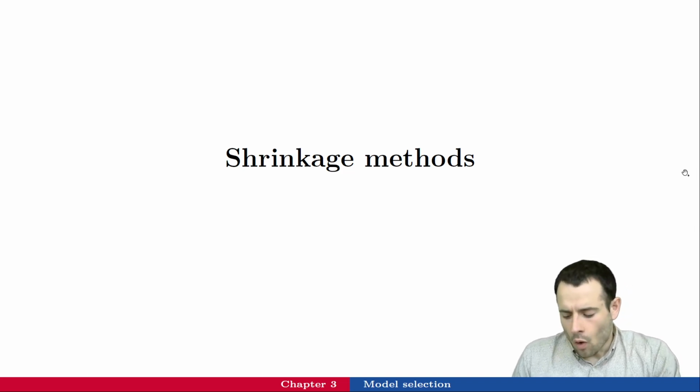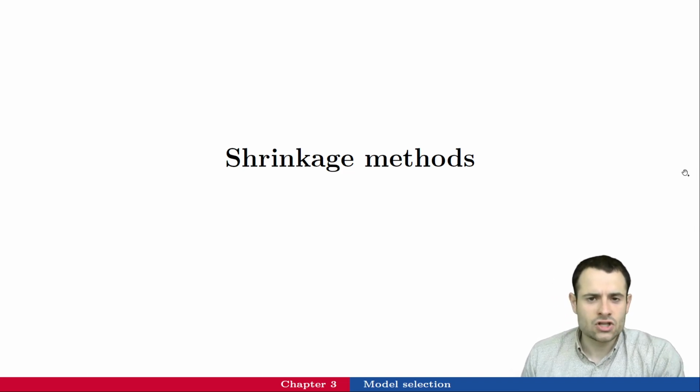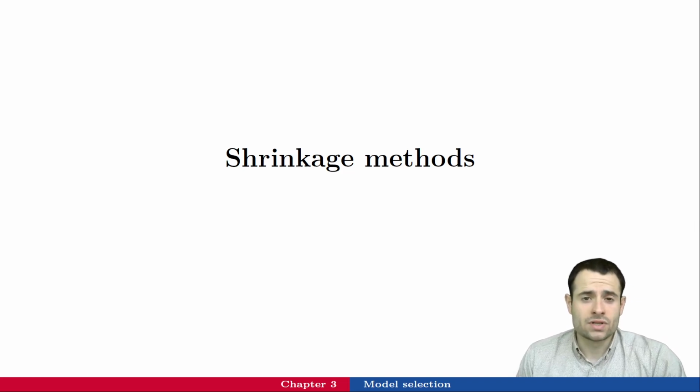Another whole part of model selection is called shrinkage methods. These methods are very, very popular for many different reasons, and they are used a lot to this day when you want to select the best linear model for predictions.